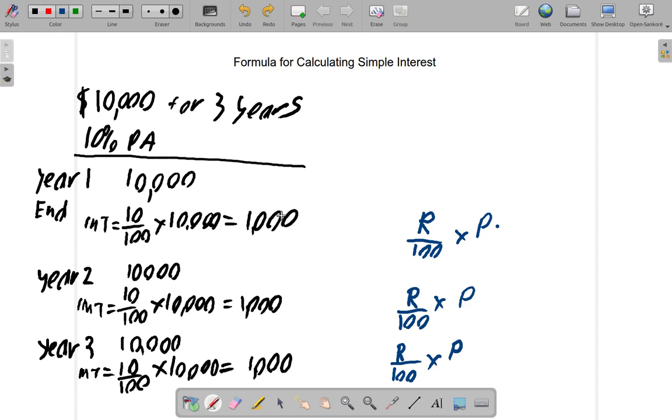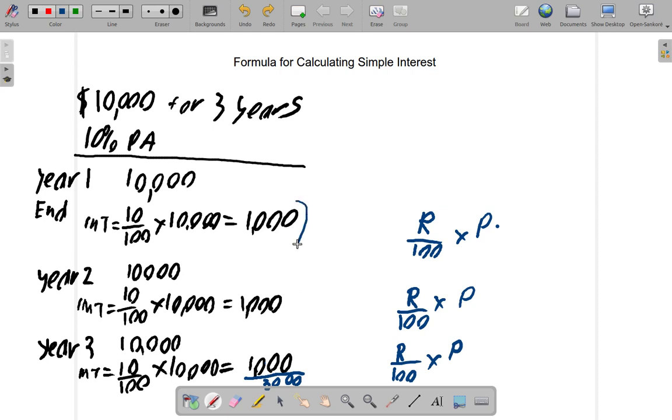You get in total interest 1,000 plus 1,000 plus 1,000. So everything adds up to $3,000 in interest. When you add up everything, the interest amounts to $3,000.